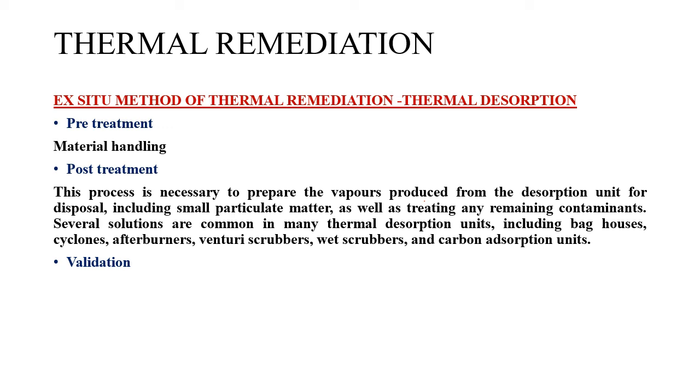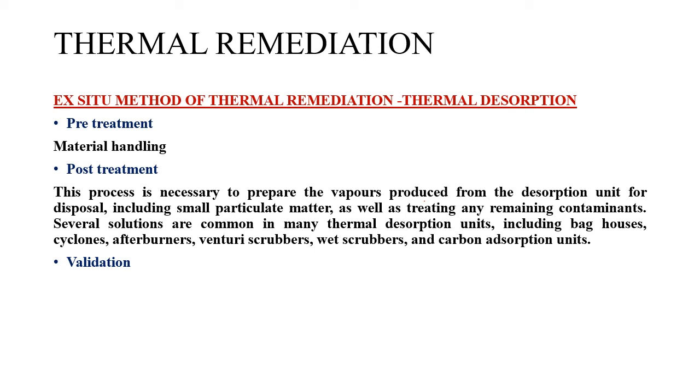Such ex situ treatment units consist of a number of components such as bag houses, cyclones, afterburners, Venturi scrubbers, wet scrubbers, and carbon adsorption units. These are components of the post-treatment unit, where the vapors or volatilized contaminants undergo treatment before they are suitable for discharge.